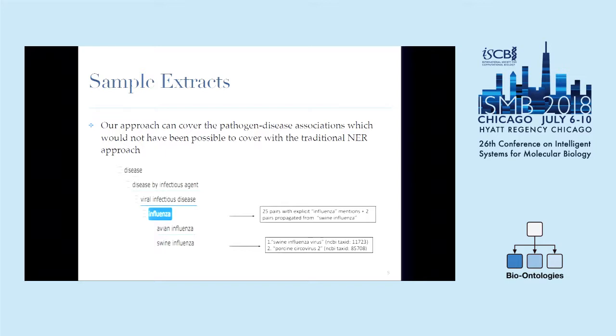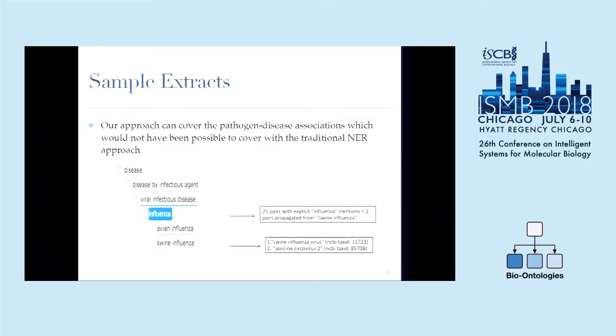When we analyzed the extracts, we realized that our set covers pathogen disease associations which would not have been possible to cover with a traditional named entity recognition system. For example, again, we found there were 2 explicit mentions of swine influenza in text, and 25 explicit mentions of influenza in text.